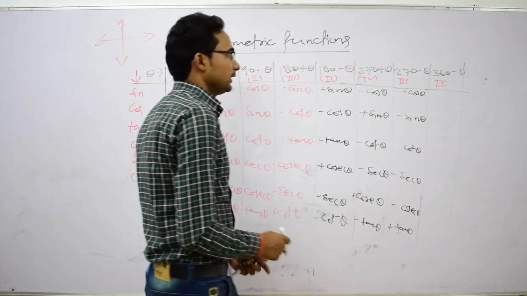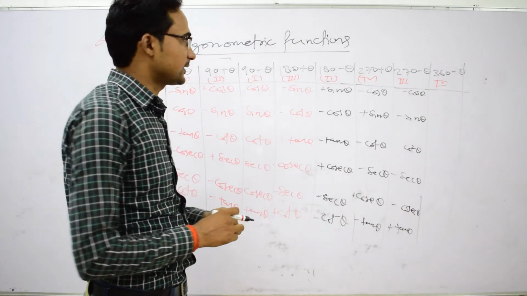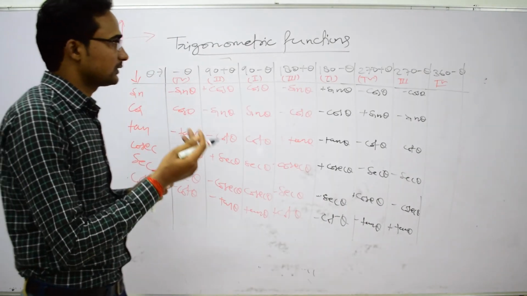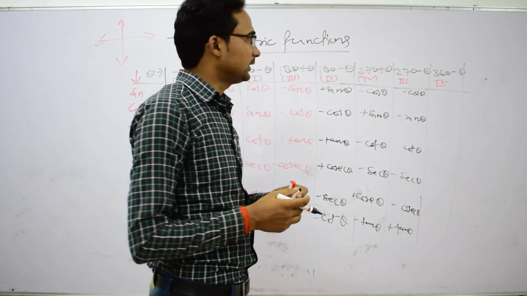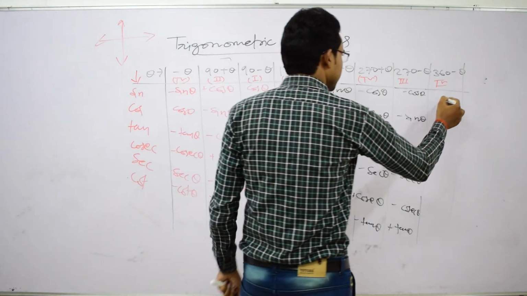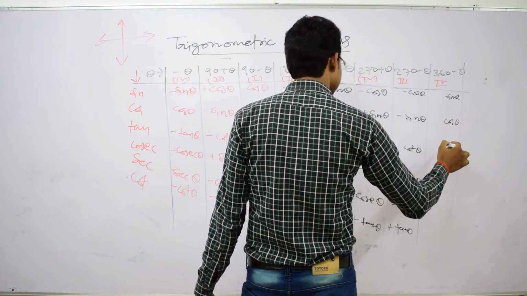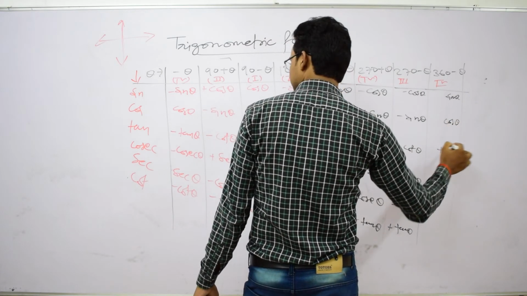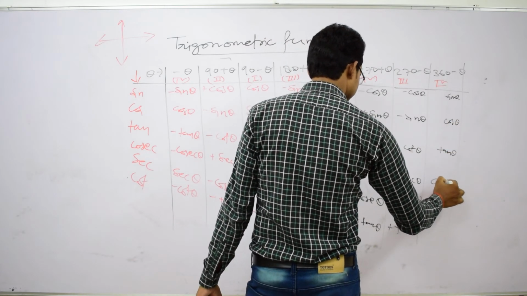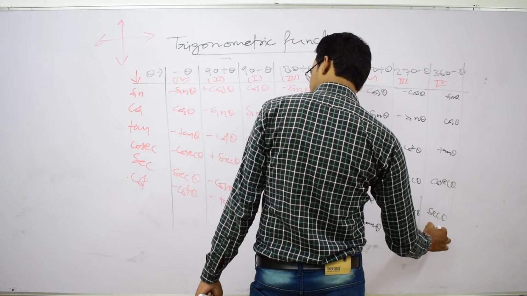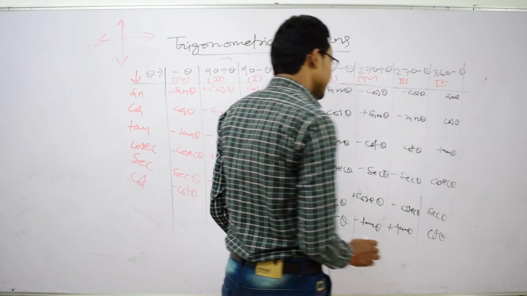Now, the last one, just look here, 360 minus theta. In the case of 180 and 360, sin stays sin. So first write down all the terms: sin theta, cos theta and tan theta, cosec theta, sec theta and cot theta. Now, just check the sign.